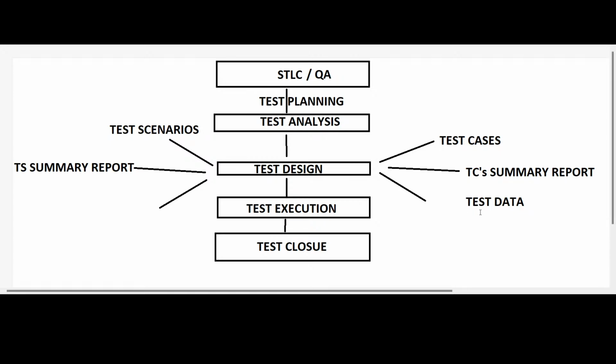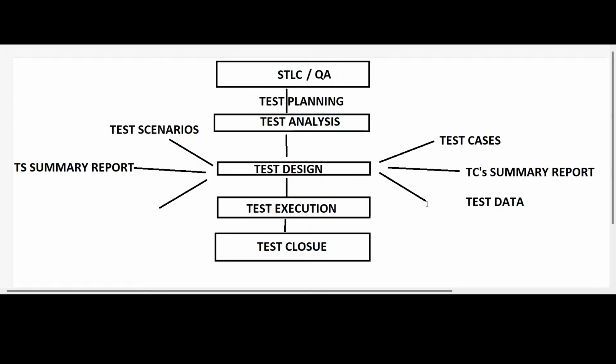Once this is done, we have one more, that is the requirement traceability matrix. For effective testing, we need to note down that there are some P1 scenarios, P2 scenarios or P3 scenarios, like high priority scenarios and low priority scenarios. Based upon the priorities, we are going to make a document called the requirement traceability matrix. I will discuss this concept later in the same video today.